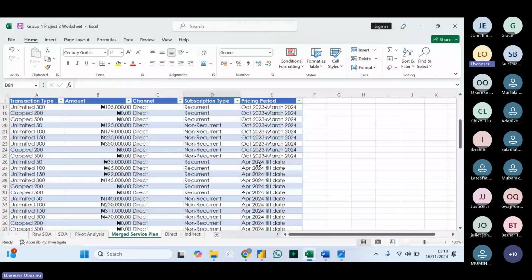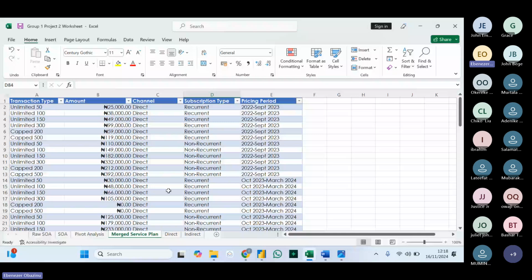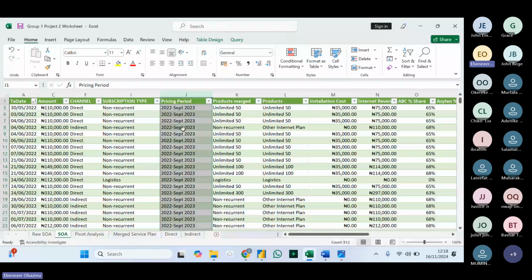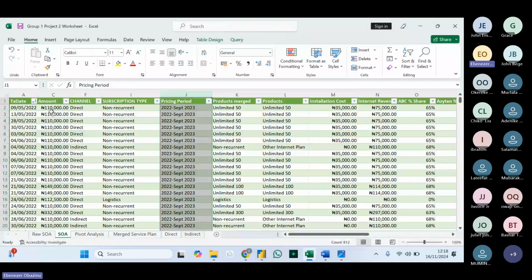We used this information to merge the amounts and get our pricing period, using an IF and AND formula. So each of the transactions now has a pricing period depending on their date, their channel, and their subscription type.